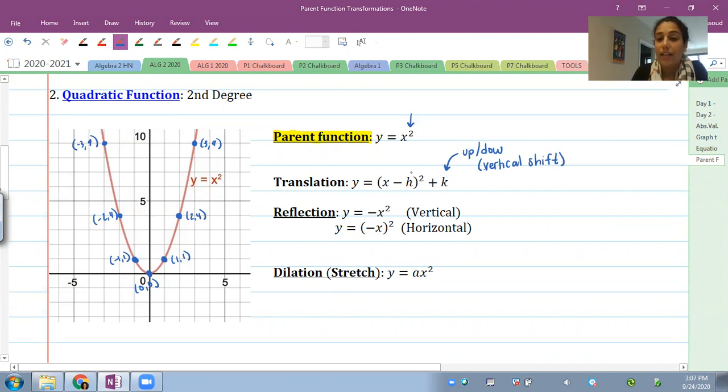Then we had h. This moved it right and left, but it went the opposite of what you think it's going to go. Again, if it's x minus 2, it's going to go to the right. And then this is called a horizontal shift.